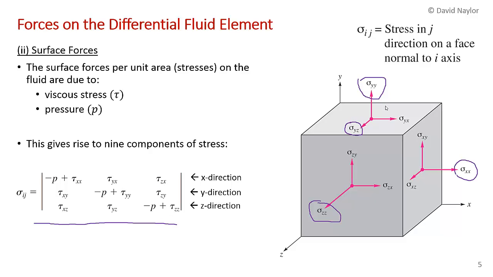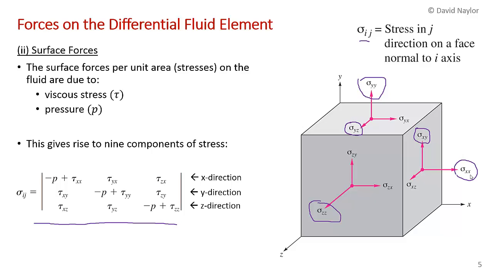Now, notice the nomenclature here. Let's pick this one, sigma x, y. That's the stress on the x face in the y direction. So the nomenclature here, sigma ij, is the stress in the j direction on the face normal to the i-axis.